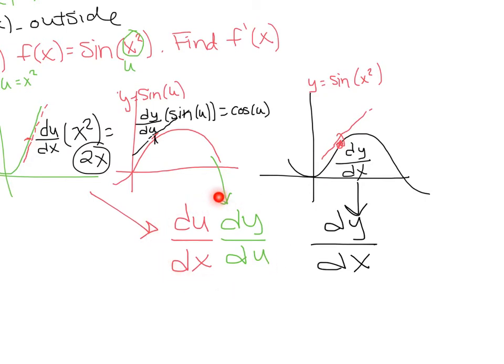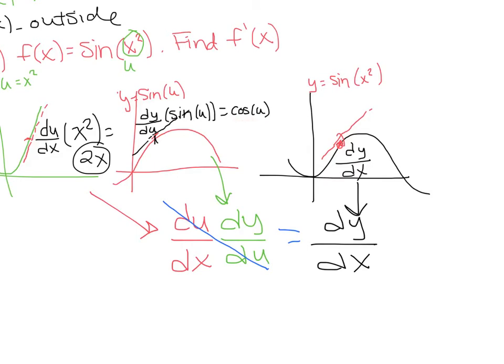What can I do to these two fractions to get them to only be this one? Well, hopefully you noticed that these du's will cancel out, which will leave me with dy dx. So in order to figure out dy dx, I just need to plug in my derivatives du dx and dy du, okay?